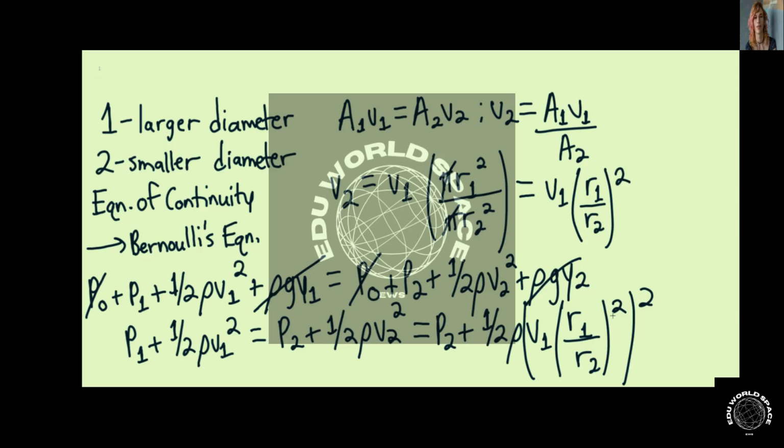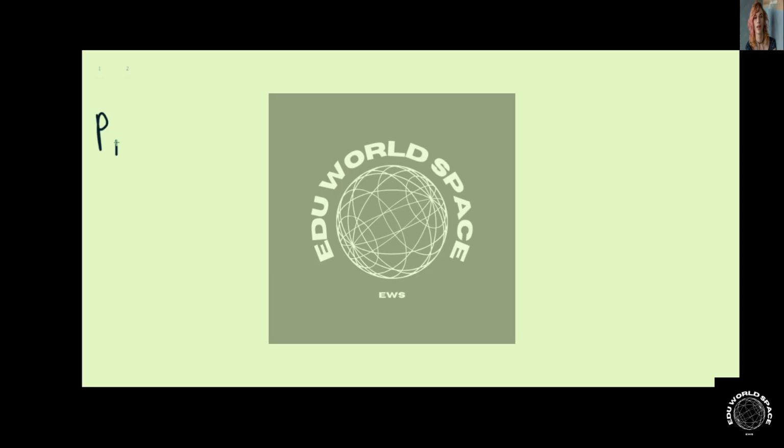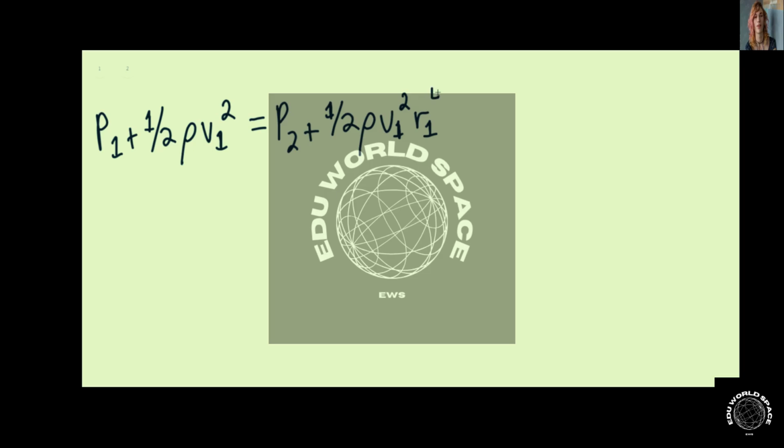So at this point, we can say that P sub 1 plus 1/2 rho V sub 1 squared is going to equal P sub 2 plus 1/2 rho V sub 1 squared, r sub 1 to the 4th divided by r sub 2 to the 4th.